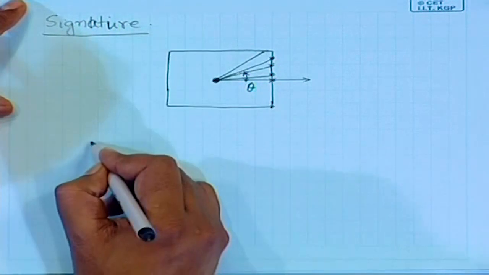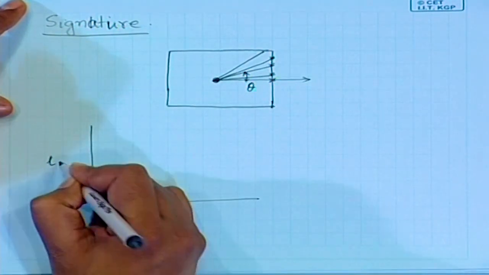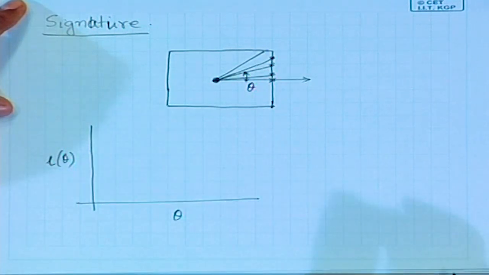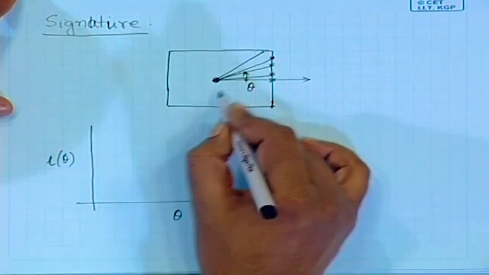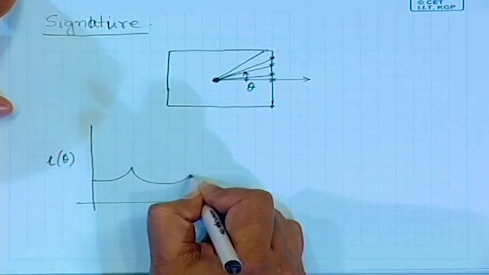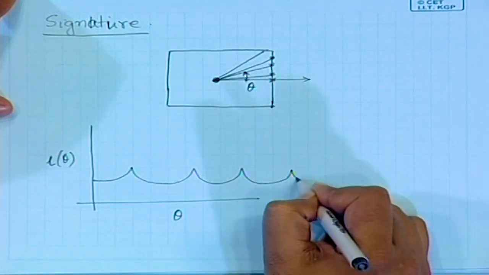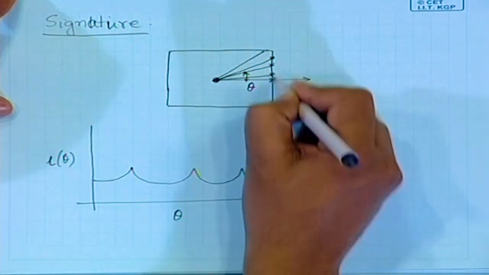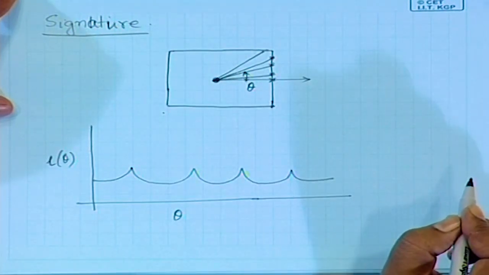Then what I do is I plot this distance, say L theta versus theta. So, if it is a square or a rectangle something like this, then you find that this plot will appear to be something like this. Okay. Where these peaks correspond to the corners or the vertices of the square or rectangle.